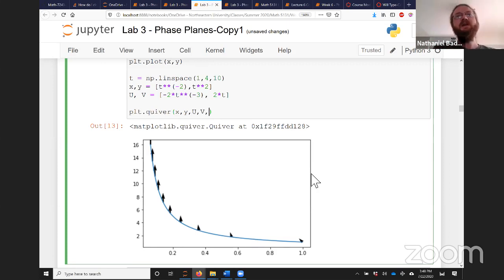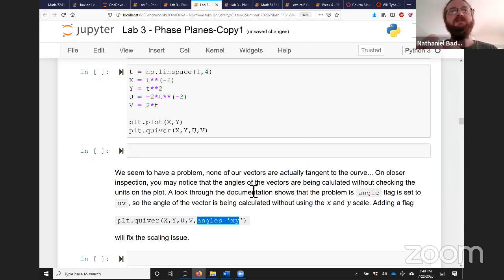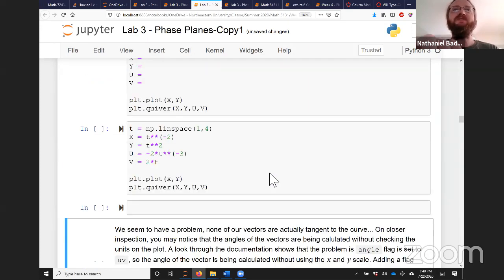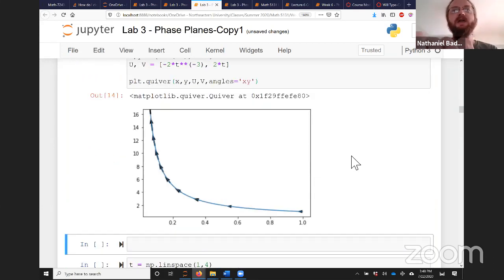So it will always interpret a vector pointing in the direction 1, 1 as 45 degrees on the screen, no matter how the axes are scaled. And so what we have to do is tell it to use the angles as specified by the axes. We do that, and then all of a sudden everything aligns exactly as it should. Okay. Any questions?